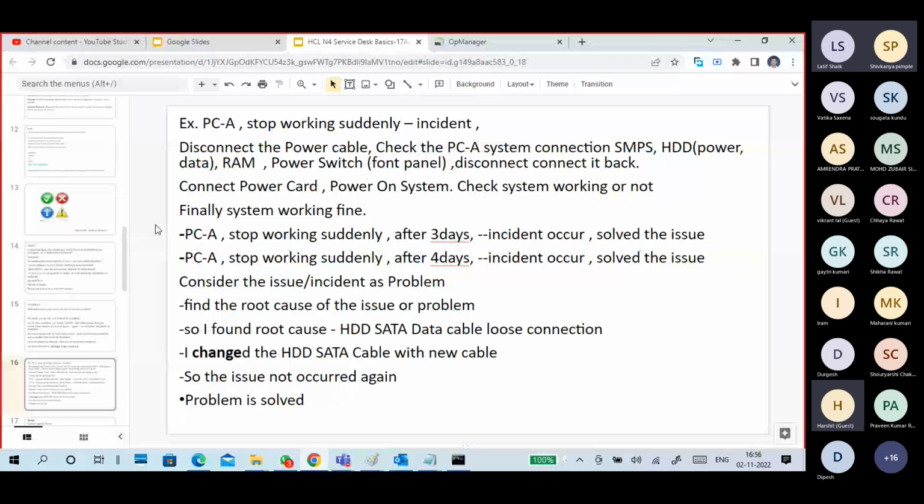You check the power cable, cross-verify with another power cable. Very simple, power cable loose connection. So it is a power cable problem. So he replaced the power cable and, unnecessarily, he formatted the entire PC, which means he removed the operating system and reinstalled it again.